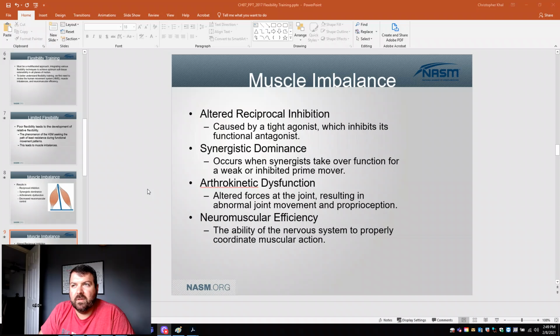Our hamstrings will take over the hip extension from our glutes. Our gluteus maximus, our big butt muscle, should be our primary hip extensor. But everyone relies on their hamstrings for hip extension so much that the glutes end up being weaker, and then we put more stress on our hamstrings to do the same function.